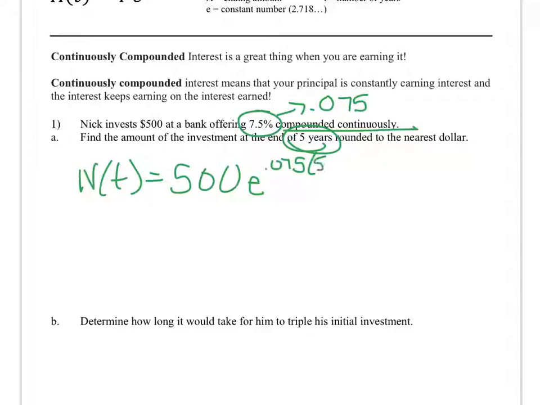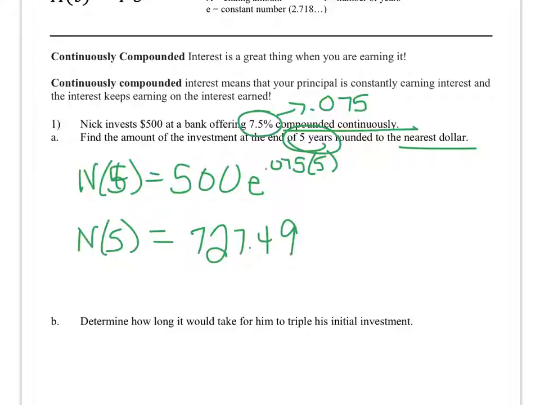And T is 5 years. So when we do all this, to the nearest dollar, it says here, is 727.49. So the nearest dollar is $727.